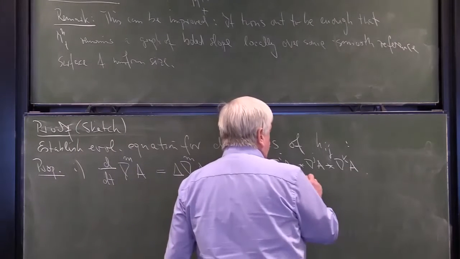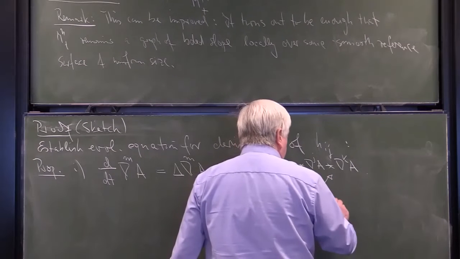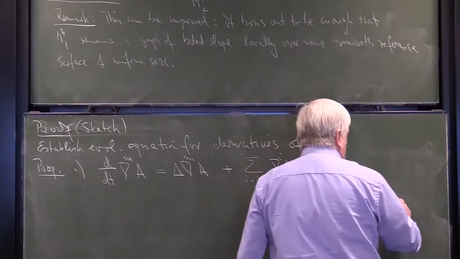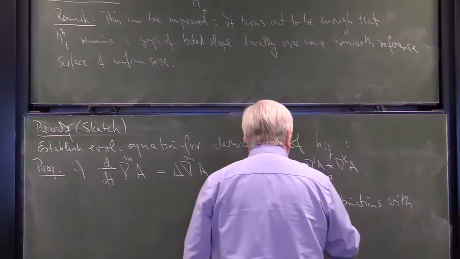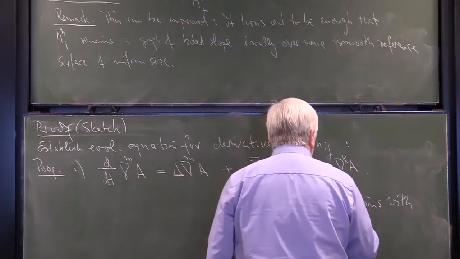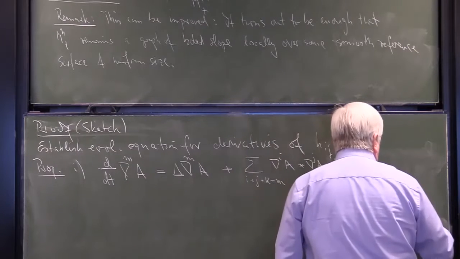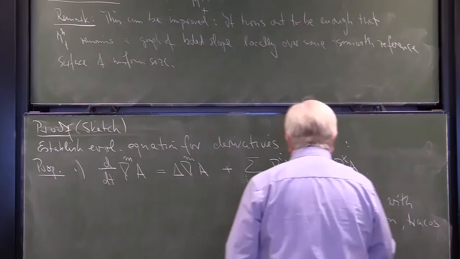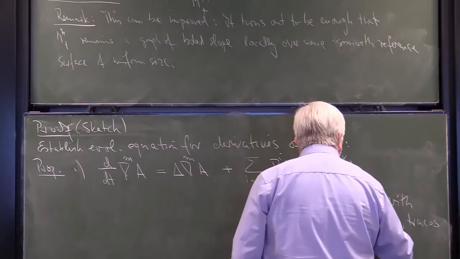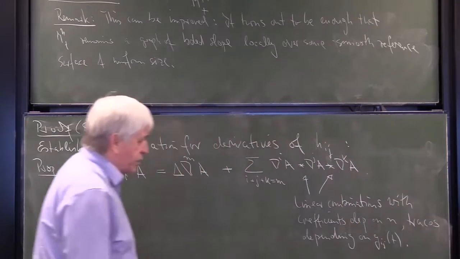So the star here means that we have linear combinations with coefficients depending only on n, and maybe there are traces depending on g^{rj}, but not first derivatives of g^{rj}. Okay.